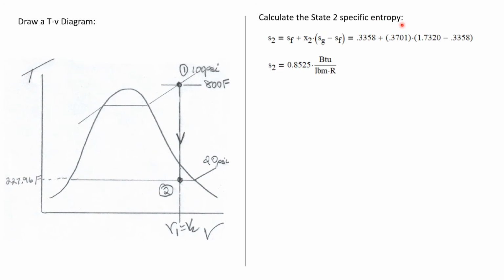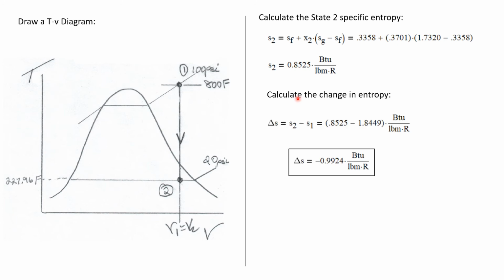So now we can calculate the state 2 specific entropy. S is just S sub F plus the quality times S sub G minus S sub F. And we have all of these values. I'm going to calculate that S2 is 0.8525 BTUs per pound mass R. So now we can calculate the change in entropy. Delta S is just S2 minus S1.